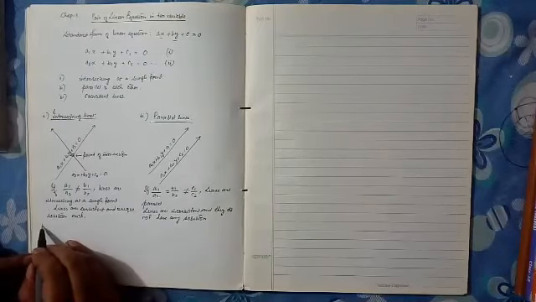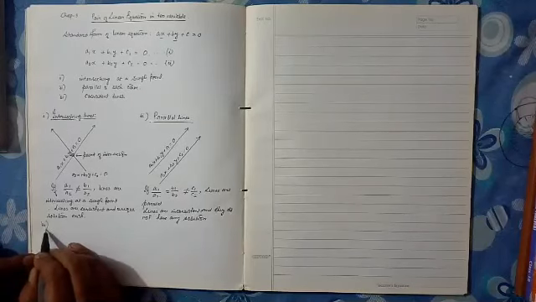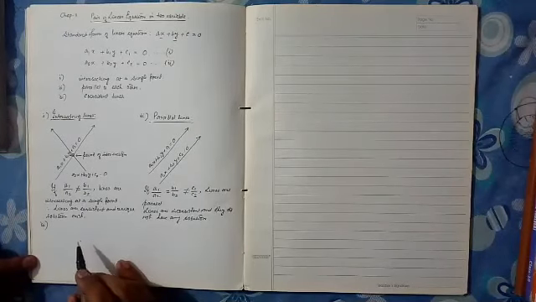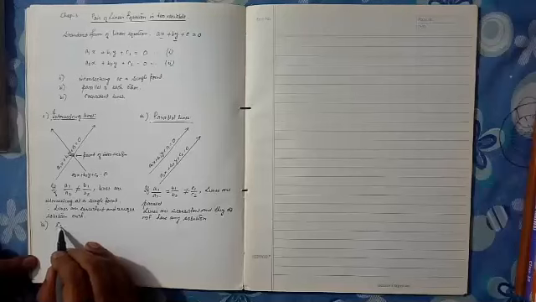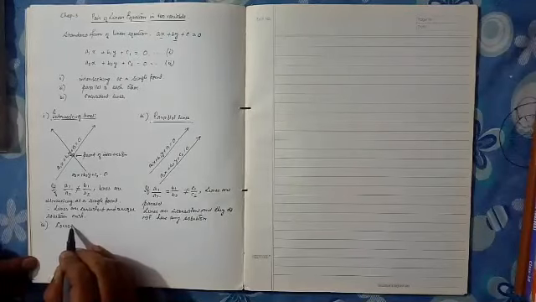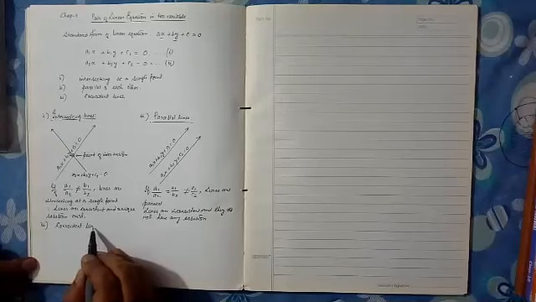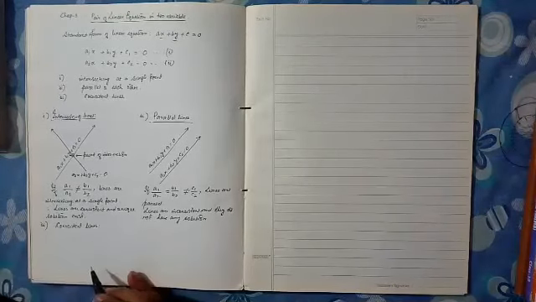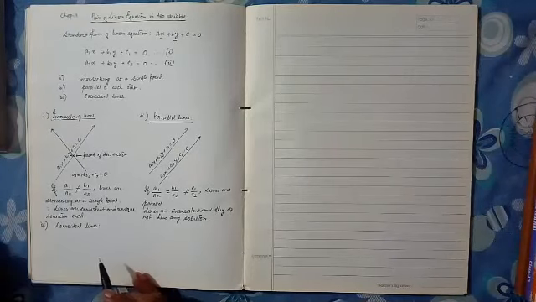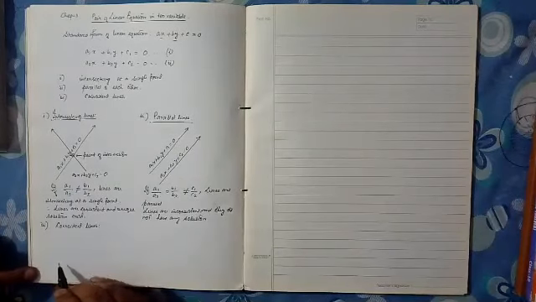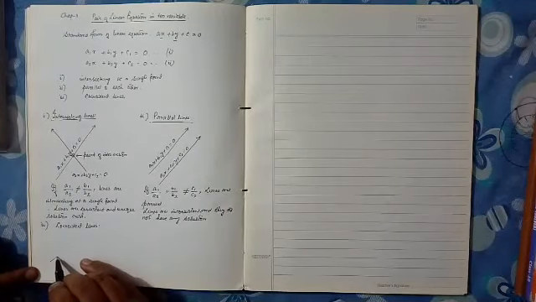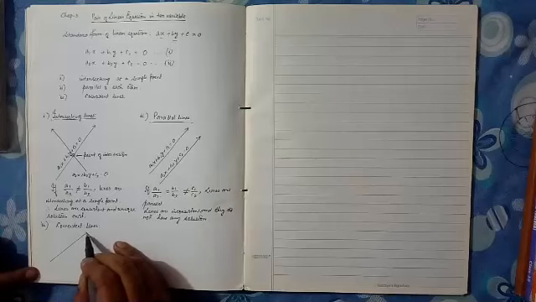Now the third case. What is the third case? Coincident lines. Coincident lines means lines overlap each other.